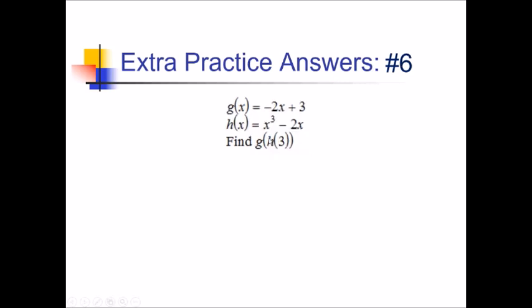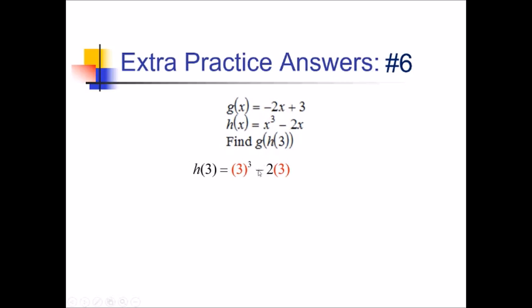On this one, we're doing g of h of 3. So I need to figure out h of 3 first, and then plug that number, whatever it is, into the g function. h of 3 is going to be 3 cubed minus 2 times 3, just replacing these x's with 3's in the h function. And let's see, 3 cubed is 27.